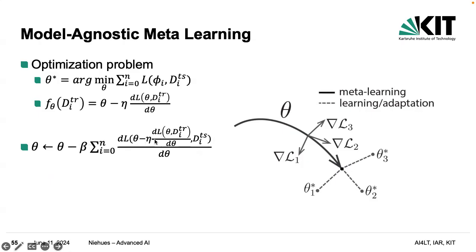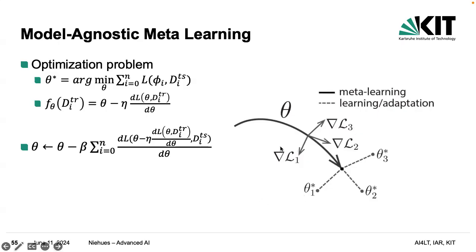So how low is the gradient to do the fine-tuning step? So you look at what update to my initial model is good, so that if I then do 1, 2, or 3 steps of fine-tuning, I'm very good on the other ones.